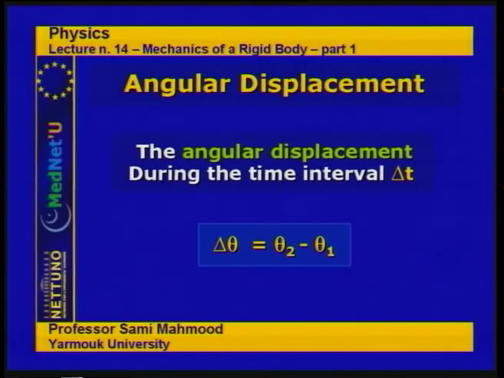So delta theta is equal to theta 2 minus theta 1, where theta 2 is the angular position at time t2, and theta 1 is the angular position at time t1, t2 minus t1 being delta t, the time of the motion.